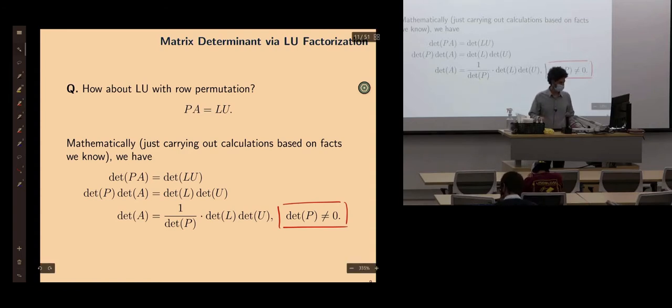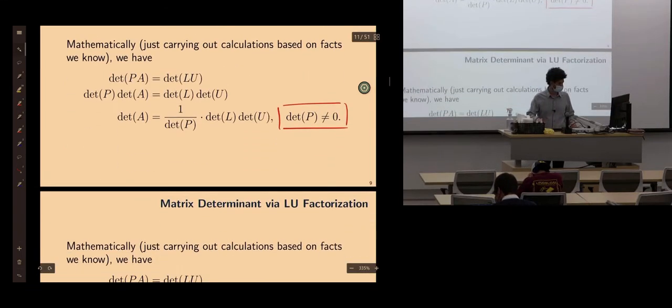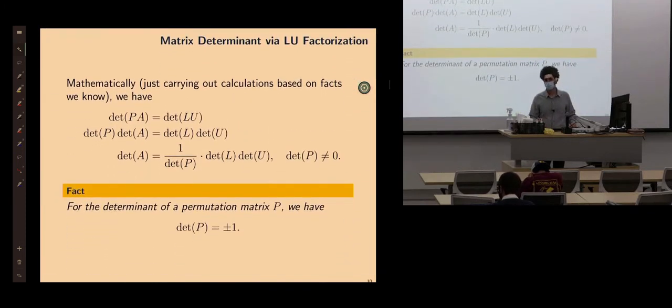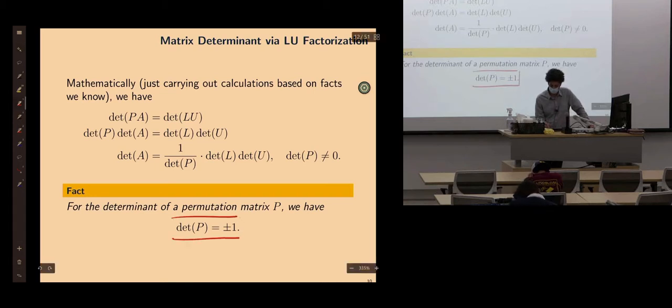Okay, so that's the idea here, and it turns out that we can do that. I'll give it to you as a fact now. At the end of the lecture, you'll see why it's like this. It turns out that the determinant of any permutation matrix, of course square, is either plus or minus 1. It cannot be any other number.